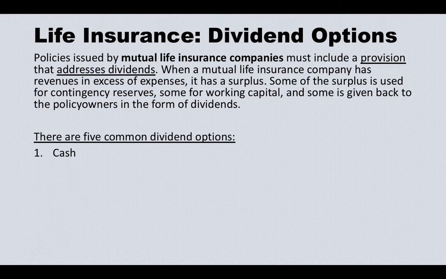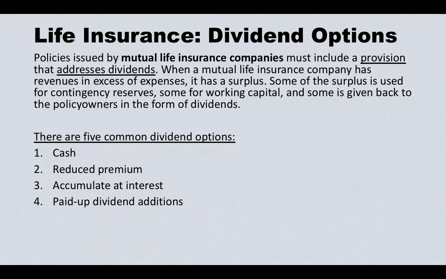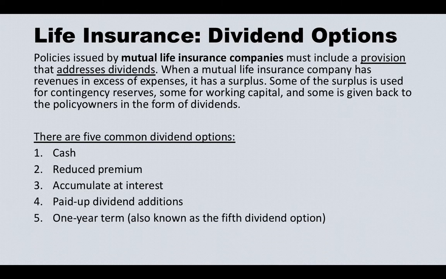First is cash option. Second is reduce premium. Third is accumulated at interest. Fourth is paid-up dividend additions. Fifth is 1-year term. This is also known as the fifth dividend option.